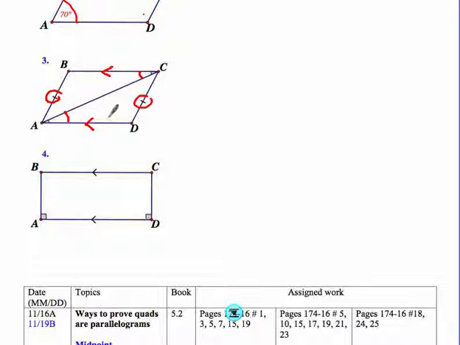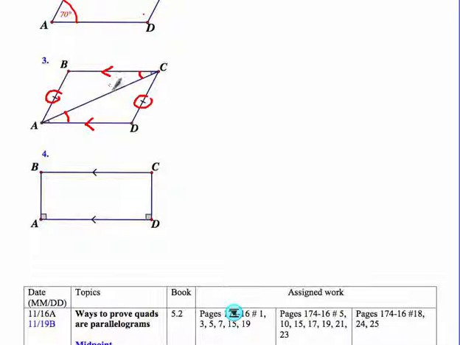This by itself does not allow us to conclude that ABCD is a parallelogram. There is a theorem that says if one pair of opposite sides are both parallel and congruent, then it is a parallelogram. In this case, we have one pair that is congruent and another pair that is parallel.